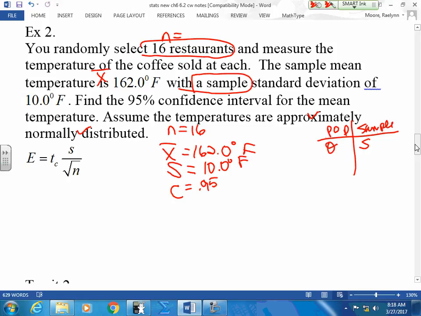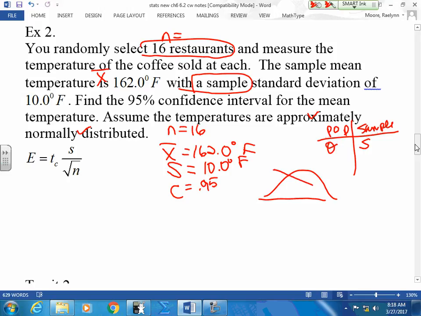If it's greater than or equal to 30, they don't have to tell us, because then our sample models a normal curve. But because we're less than 30, they have to tell us this is normally distributed. If they don't, we can't do this problem. Granted, the t has a series of curves, but we're okay with that.